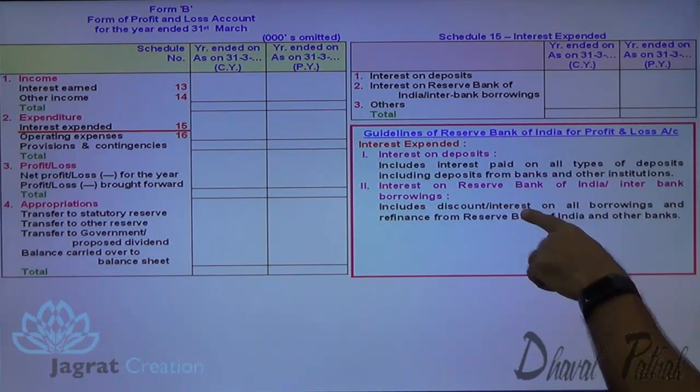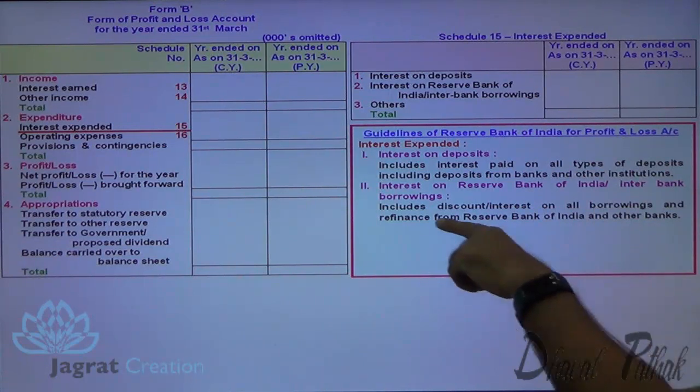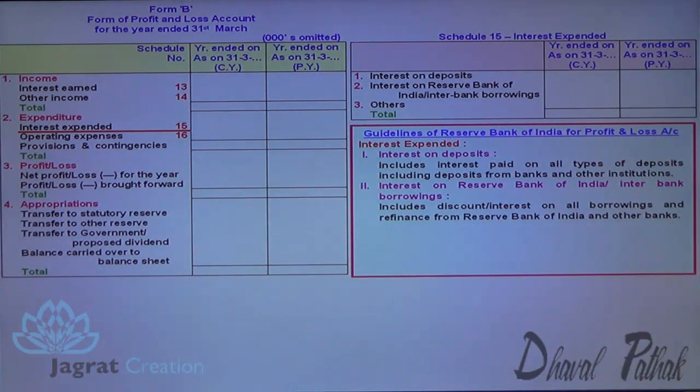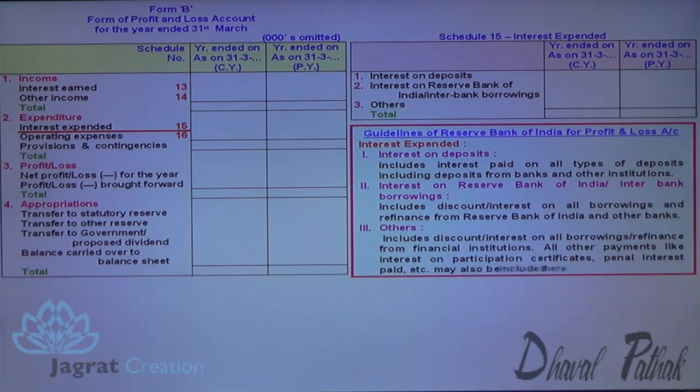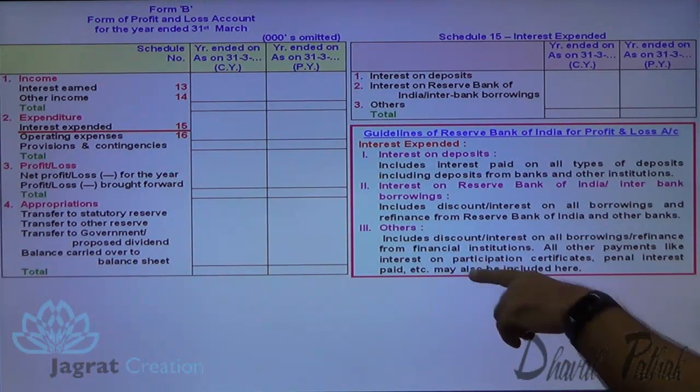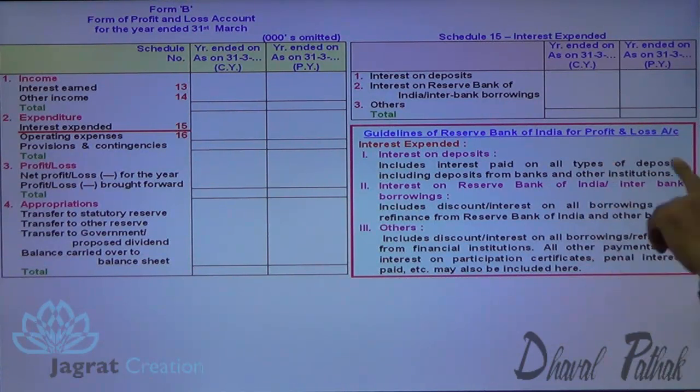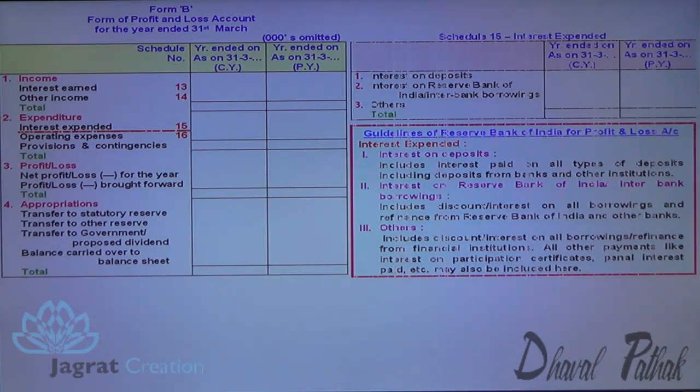It includes discount interest on all other borrowings and the refinance from Reserve Bank of India and other banks. Others are to be specified. It includes discounting and interest on all borrowings, refinancing from financial institutions. All other payments like interest on participation certificates, penal interest paid, etc. may be included here. So all these types of interest expenditure are to be recorded.